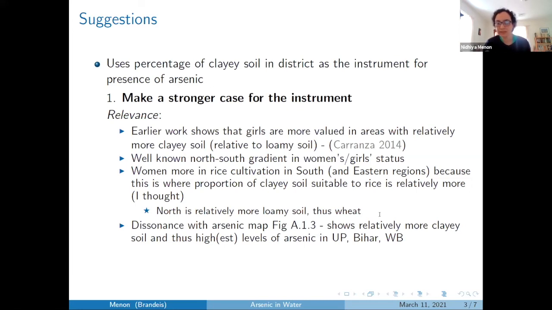And so there's this dissonance between what we know from the literature about women's status and this presence, and my understanding that clay soil should be relatively more in the south, which is where the revealed preference of rice cultivation happens, right? Because that's more suited to growing rice as opposed to growing wheat. Okay, so that's the first thing, which is making this case that your instrument is actually relevant in this particular context.